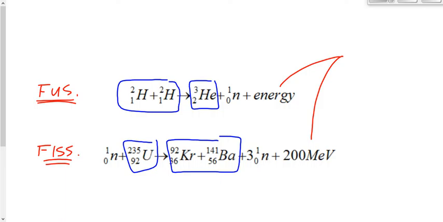So a single reaction involves much, much more mass in a fission reaction than it does in a fusion reaction. If you're not looking at an individual reaction, but rather a certain amount of mass, an equal mass of hydrogen as compared to uranium, let's say a kilogram, which one's going to produce more then? In other words, which one produces more energy per kilogram of fuel? That one's going to be, Rosie?